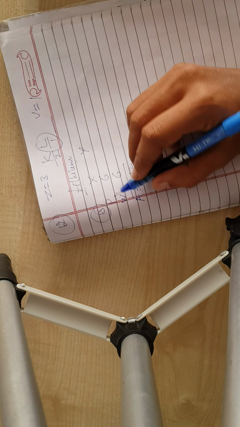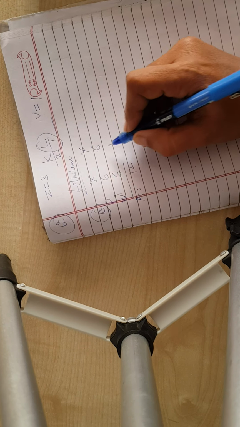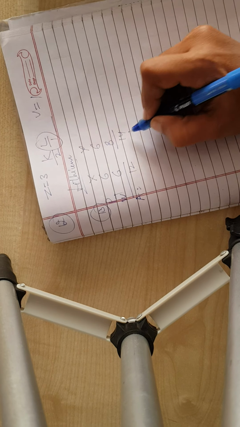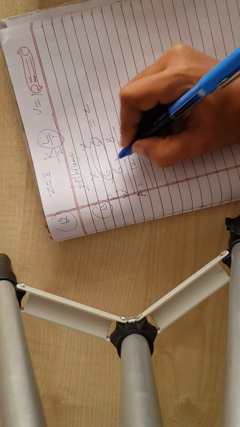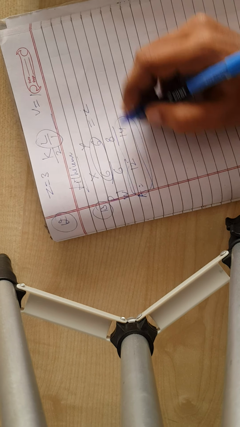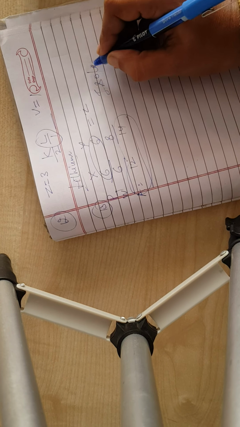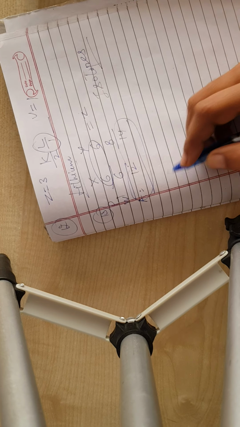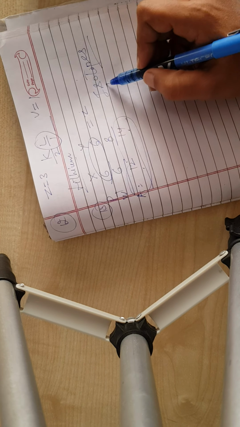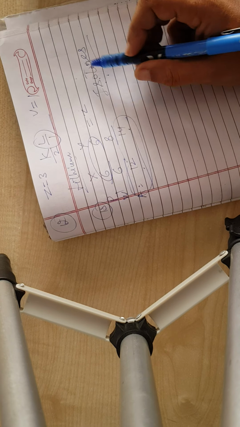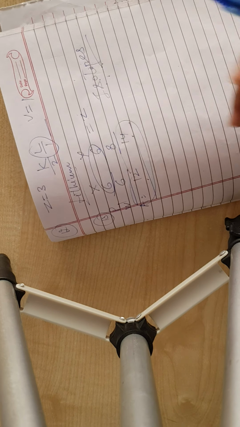And for Y, protons are 6, neutrons are 8. This is the atomic number. Same atomic number but different mass number, so these are isotopes. Mass number of X is 12, mass number of Y is 14. What is the relation between these two species? These two species are isotopes.